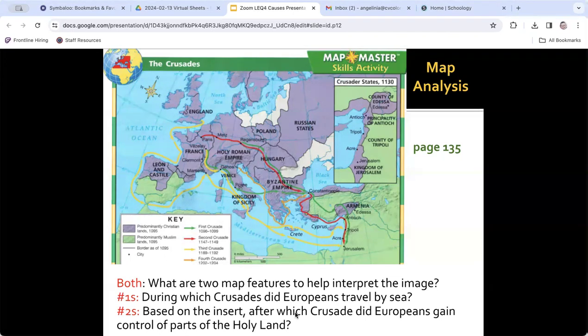And so the answer should have been the First Crusade, because we're here after the First Crusade in 1099 ends, but before 1147. After that First Crusade, we notice that this green area has turned to purple in our zoomed in map. That's showing us that during the First Crusade, the Europeans were able to conquer some of this Holy Land from the Muslims, and they divided it into these little kingdoms that crusaders led, some of the powerful lords from the time period.